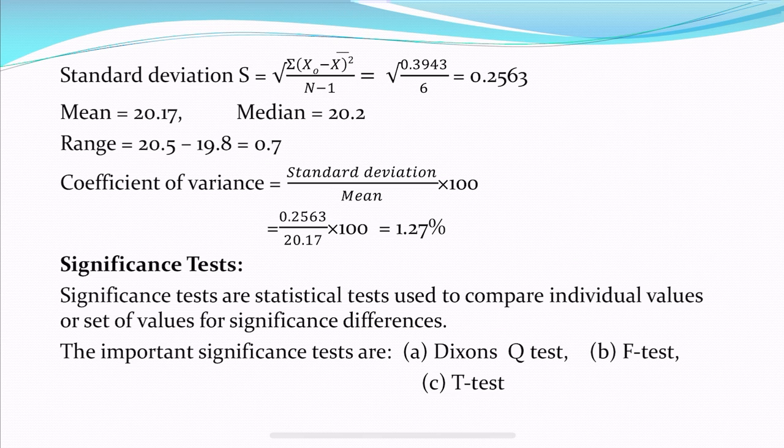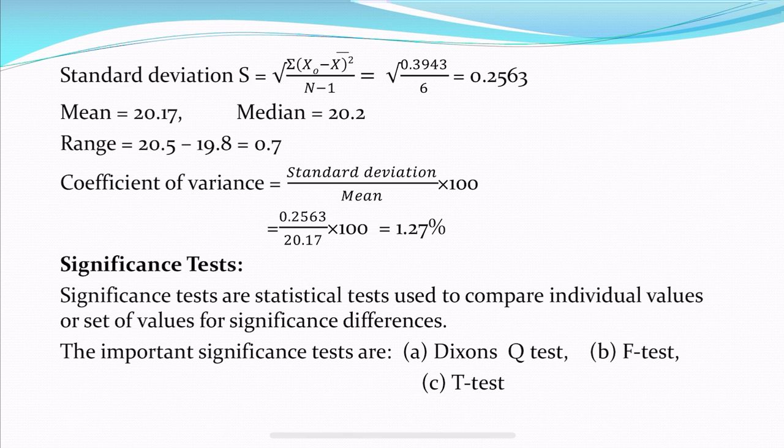Before that, what is meant by mean deviation or the absolute method, and we also understood what is meant by standard deviation and the 2 types of standard deviation: the first is population standard deviation, and the other is estimated standard deviation, also called sample standard deviation. And next we understood what is meant by coefficient of variance.